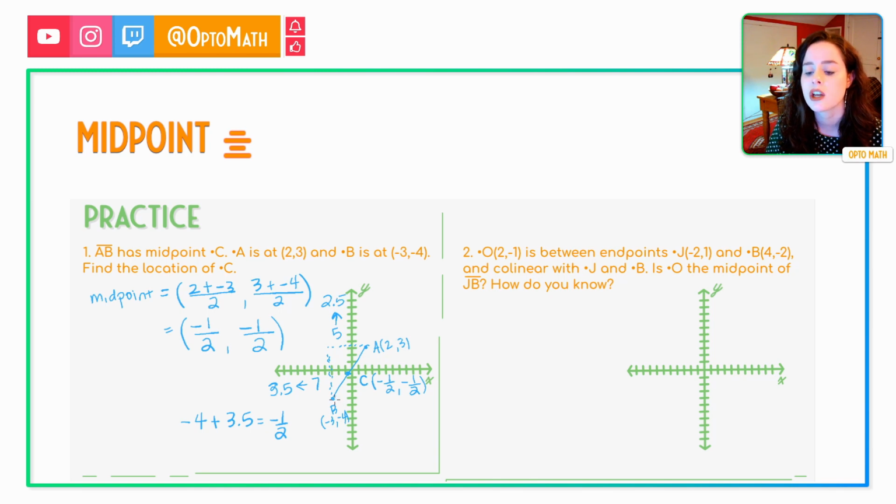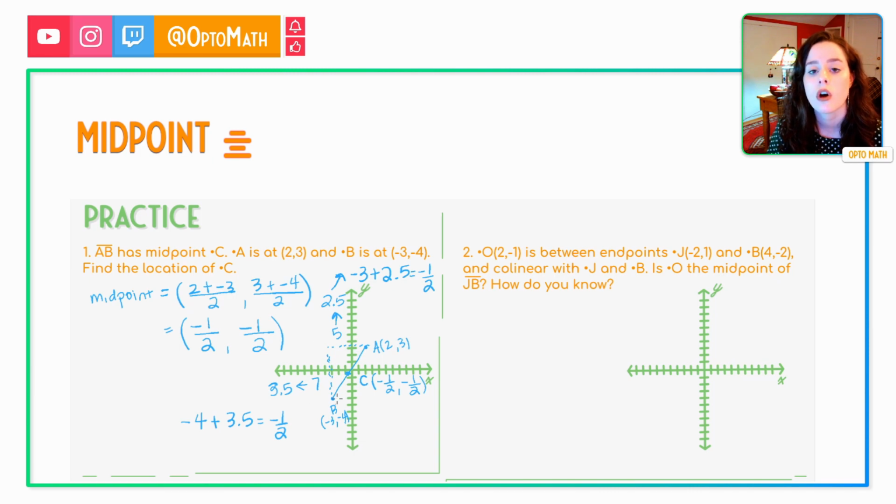So you should be increasing from the x value of b 2.5 places to get to this new x value of your midpoint. Okay, so negative 3 plus 2.5. Well, that's also negative 1/2. So you can see how it works both ways. So whatever way works best for you, go for it.